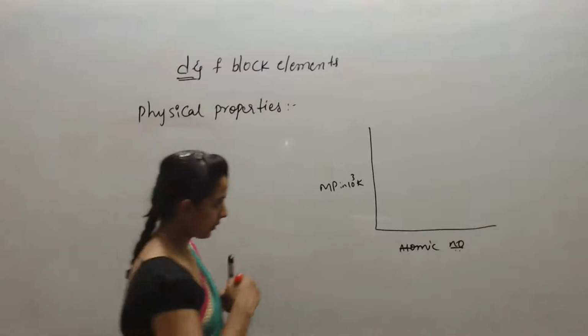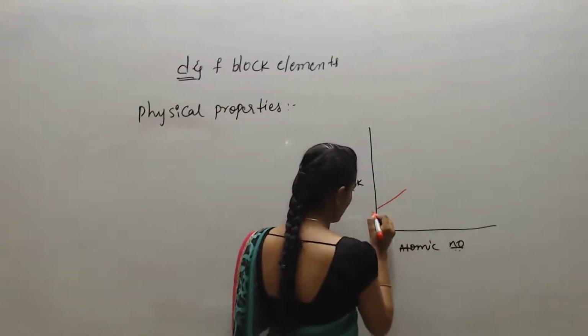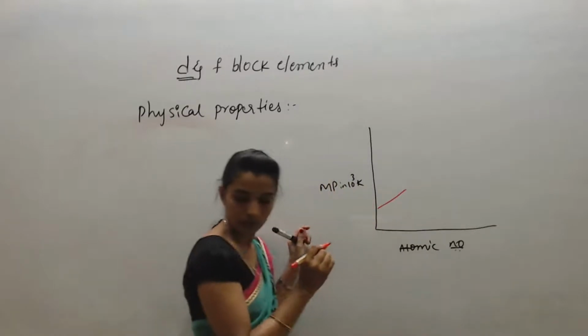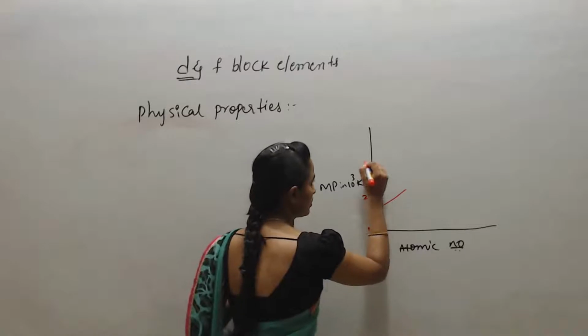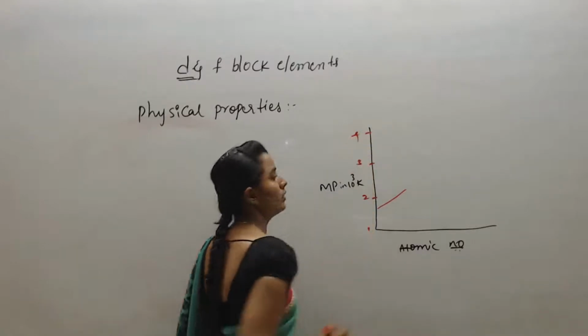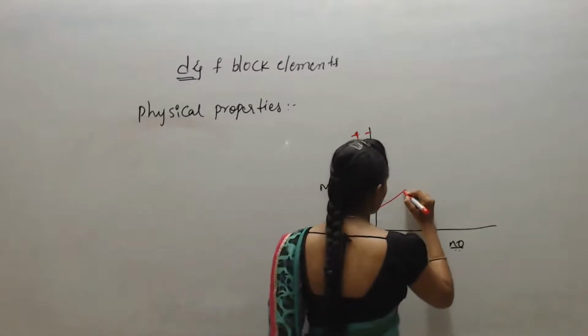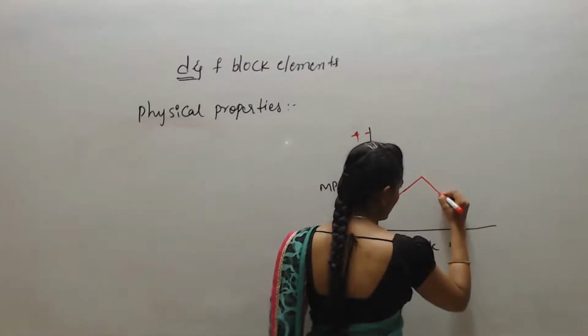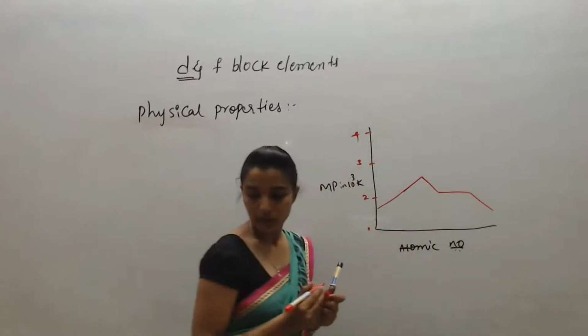So here what happens? The trend: assume this one is 1, this is 2, 3 and 4. Then what happens? This increases, again decreases, and here it decreases.